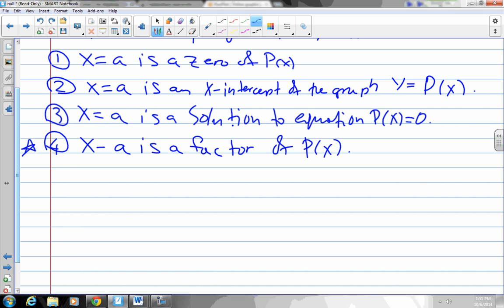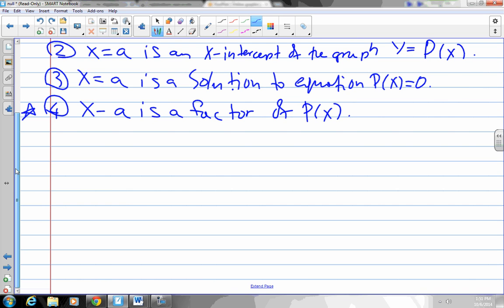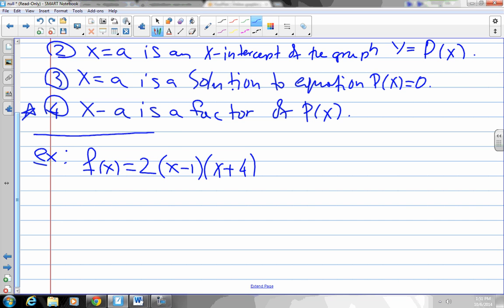Anyways, so you'll see me playing with these statements. Yeah, the facts will come into place. But anyways, the bigger focus on the fourth portion is in the next few sections. So let me give you an example. Here's a function, f of x equals 2 times (x minus 1)(x plus 4)(x minus 3).